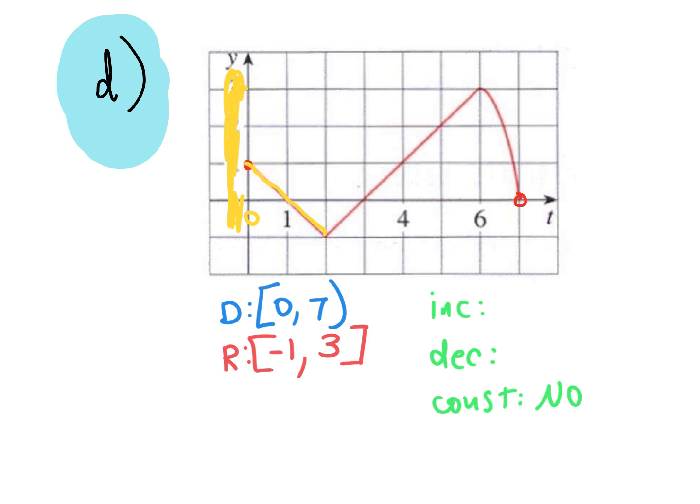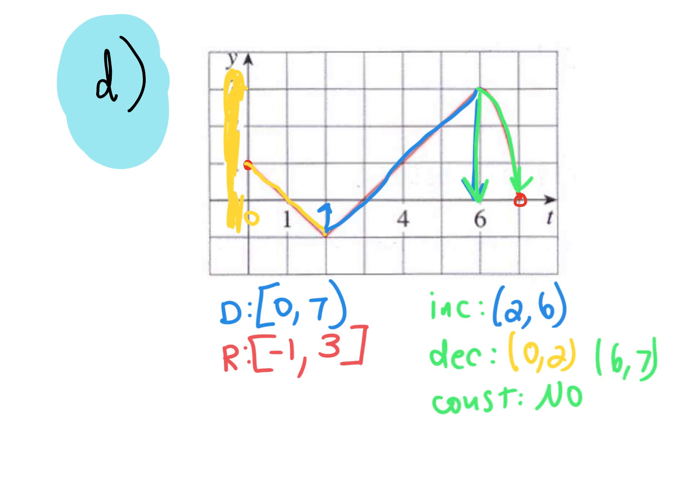It's decreasing from where to where? Perfect, 0 to 2. Then what is my graph doing? It's increasing from where to where? Draw arrows, it'll tell you exactly. From 2 to 6, good. And then what's it doing? It's decreasing again. From where to where? 6 to 7. Perfect.